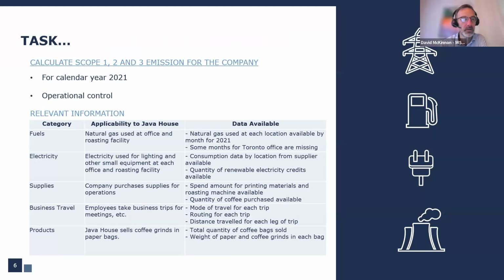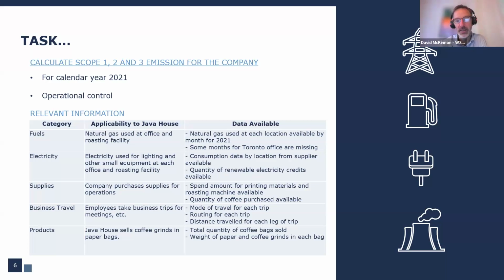We have information for fuels, the natural gas used at the office and the roasting facility. Some of the months for the Toronto office are missing, so we have to figure out how to approach that. I'm not going to help you with that now, but I will tell you how to do it later if you can't figure it out in the 35 minutes of the exercise, but I'm sure you'll manage.